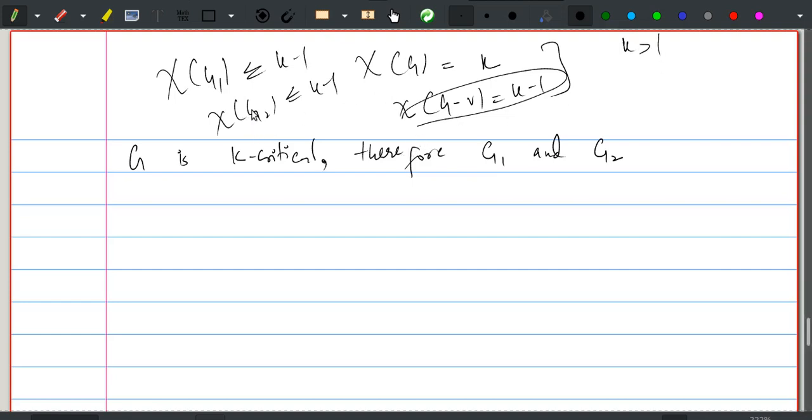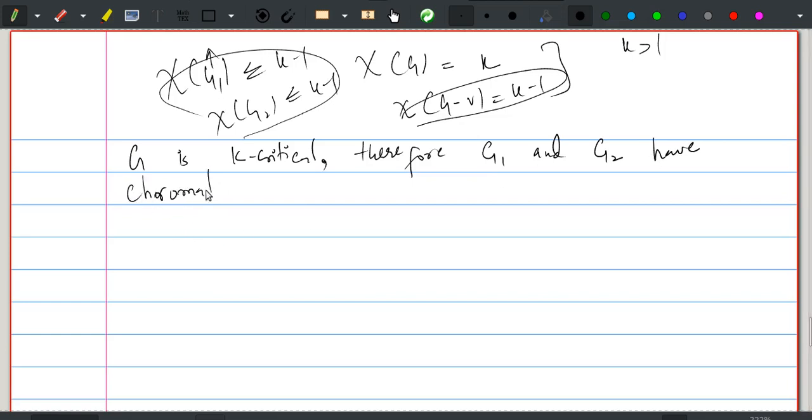And chi of G2, which is actually G minus G1, while G1 is a vertex, is again k minus 1. So therefore G1 and G2 have chromatic number at most k minus 1.